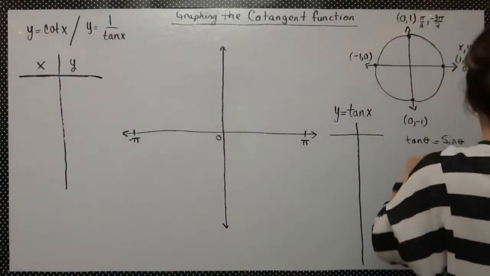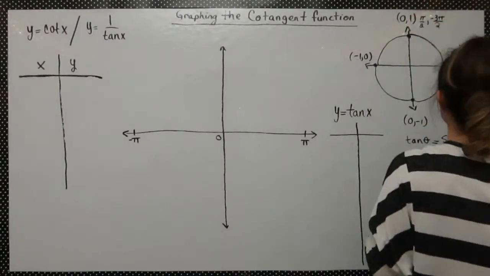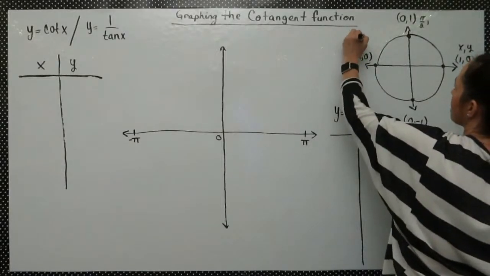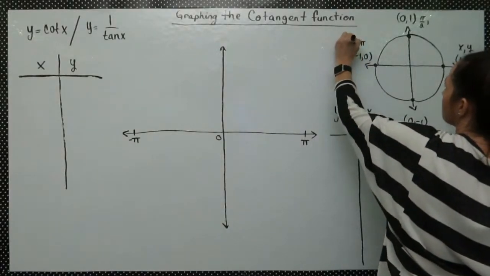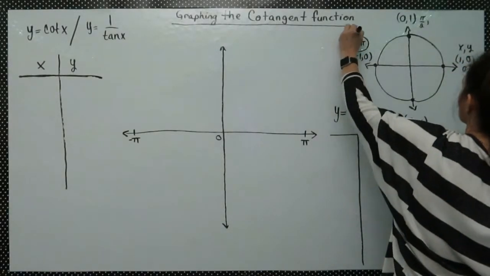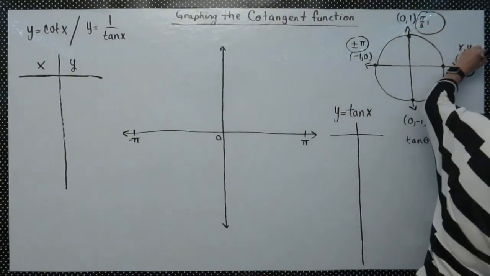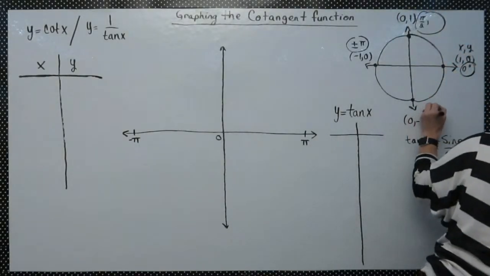Oh, we're not going to need that. Well, this is going to be harder than I thought. Okay, so we'll need plus or minus pi. We'll need pi over 2, possibly negative 3 pi over 2. We need 0. We need negative pi over 2.